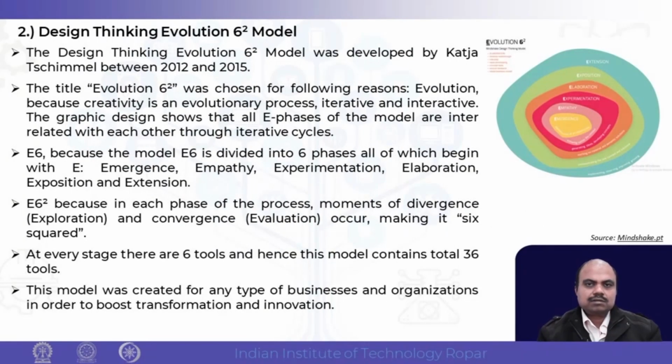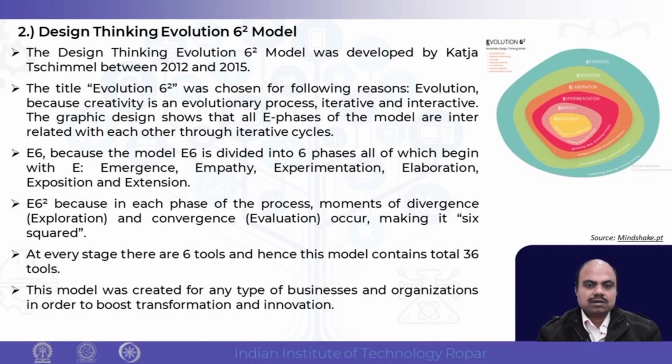The next model which we are going to discuss today is called the Design Thinking Evolution 6 Square model. The Design Thinking 6 Square model was developed by Kitze between 2012 and 2015. So you can see it's quite a new model.